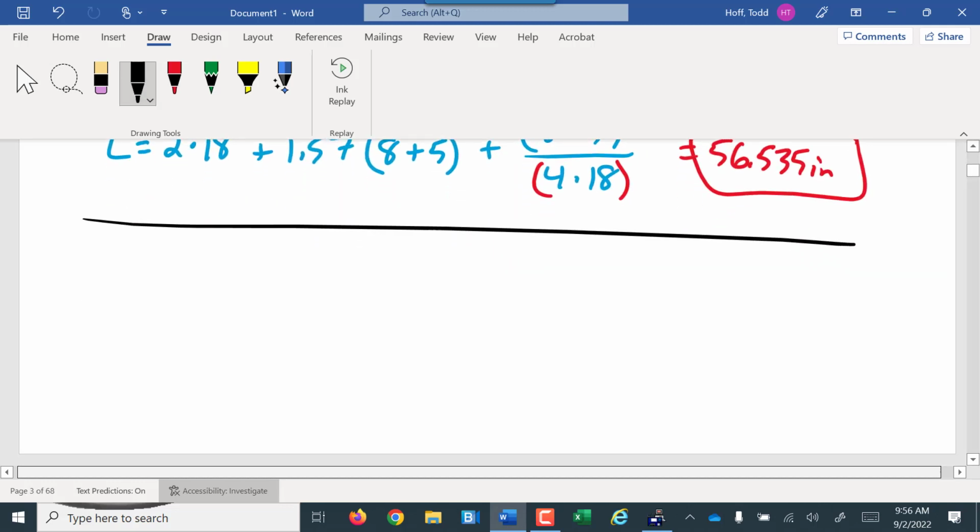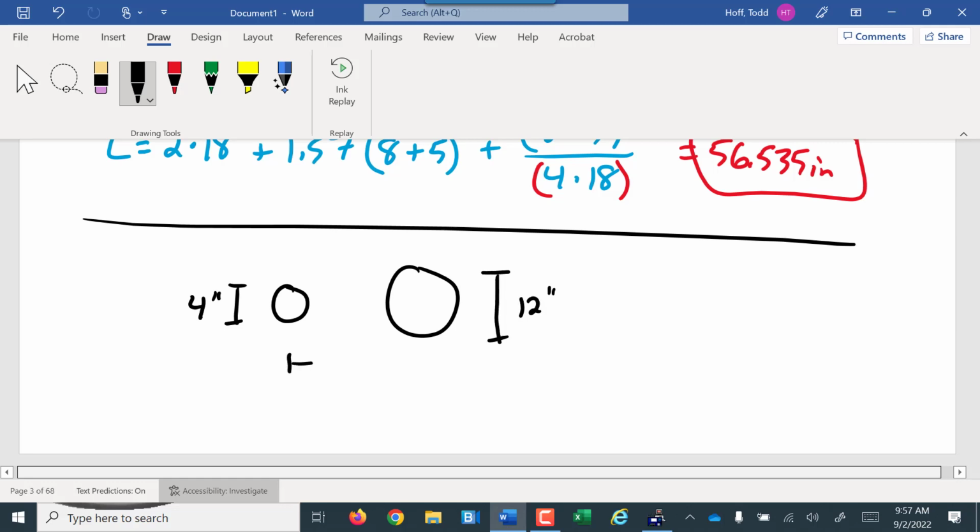I'm going to have you guys try one, see just what you come up with. Give me a length of belt estimate for that system there.